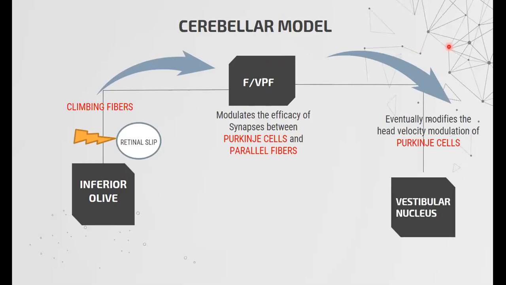So here also we can see that flocculus area is the main part which is actually doing some work for modulation of the synapses and to modulate the VOR system. So eventually the vestibular nucleus will get a modified vestibular gain.